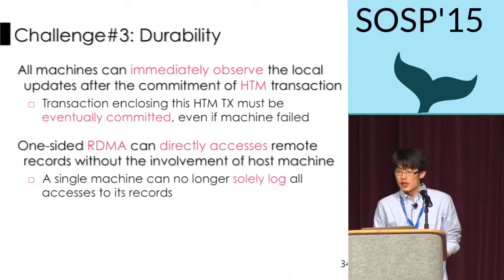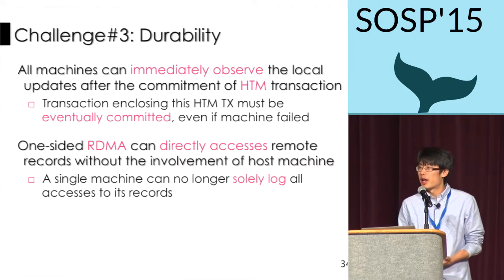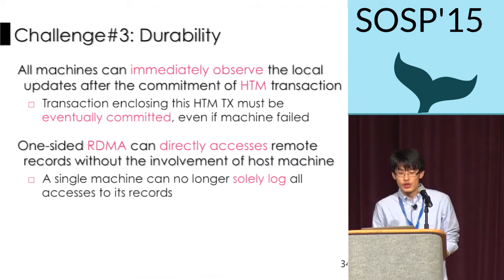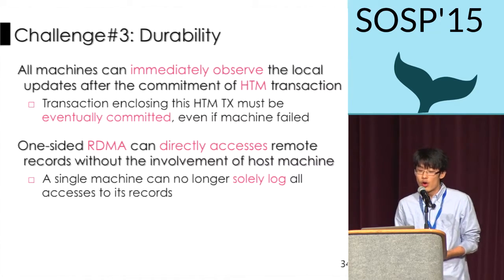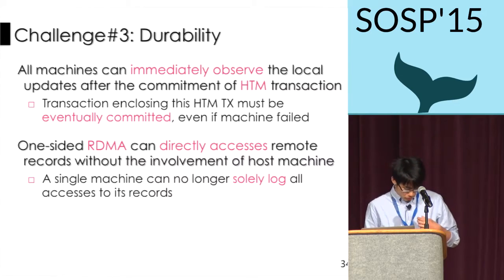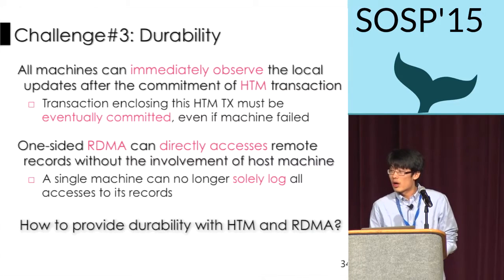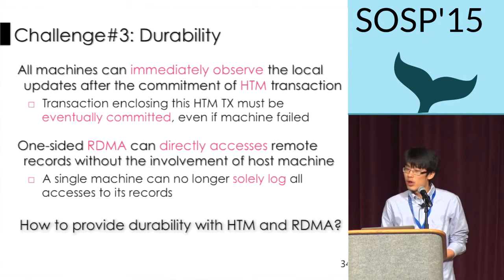And second, since a machine's data records can be modified by other machines without its awareness, a single machine can no longer solely log all accesses to its records. So how to provide durability with our concurrency control scheme still has some problems to fix.